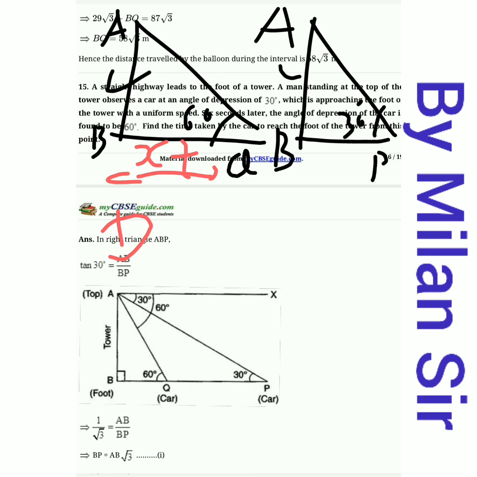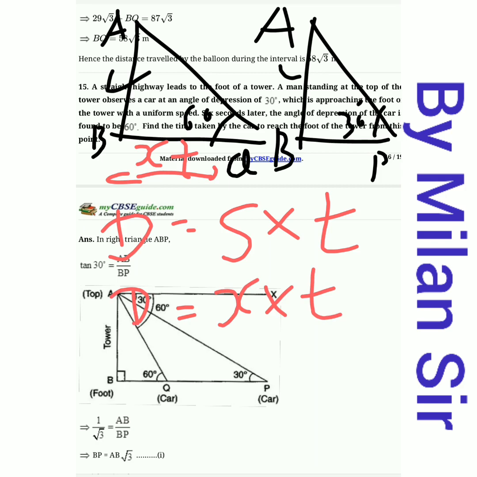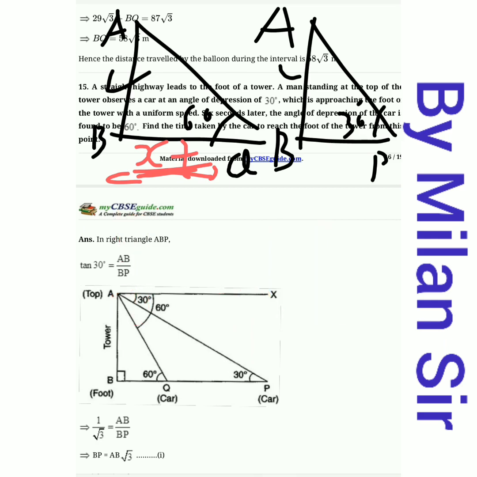So distance is equal to speed multiplied by time. Speed is fixed in both triangles. We assume it x because it is given in the question that speed is uniform. So our distance formula is x into t. Here we assume t, that's why it's xt. Now what is AB to BP? Now for BP, first of all I draw this triangle here.